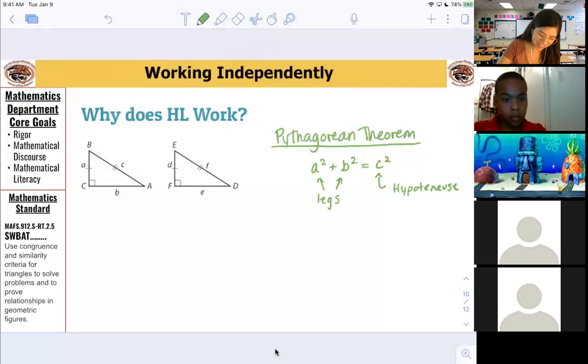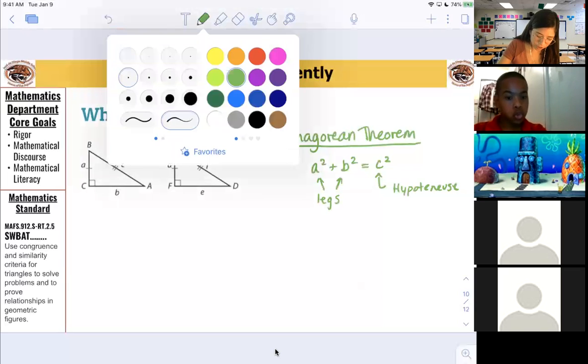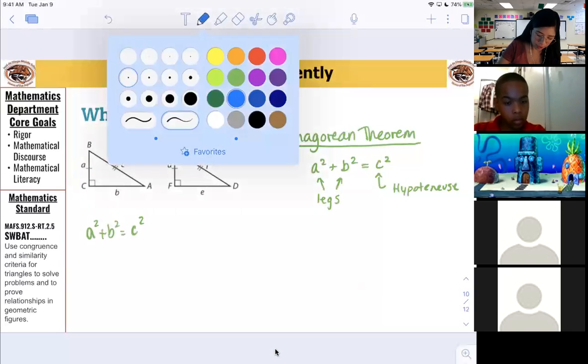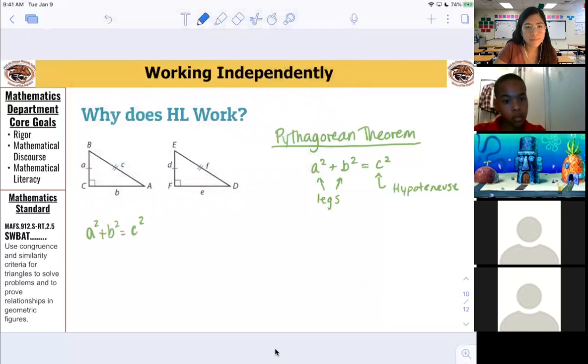All right, so in triangle ABC, I know that A squared plus B squared equals C squared. And what about triangle DEF? Can anyone set that one up for me? B squared plus F squared equals E squared.